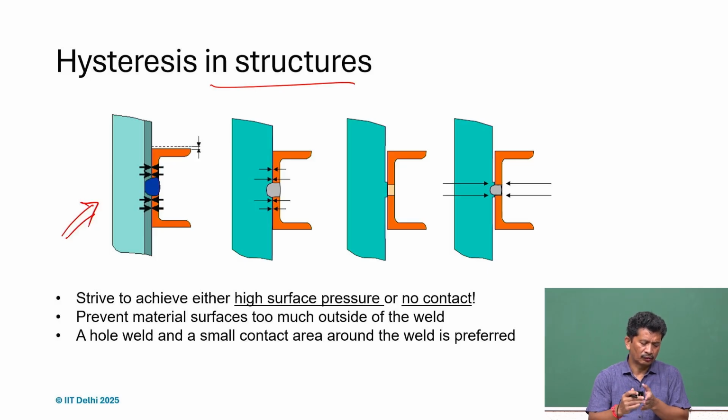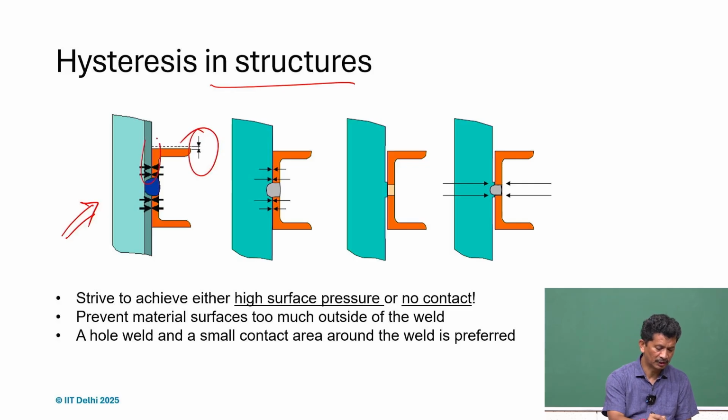Once welded and coming back to normal temperature, there will be shrinkage. Because of that, there will be uncertainty involved, because again micro slips are happening, which will affect the positioning accuracy of the parts.